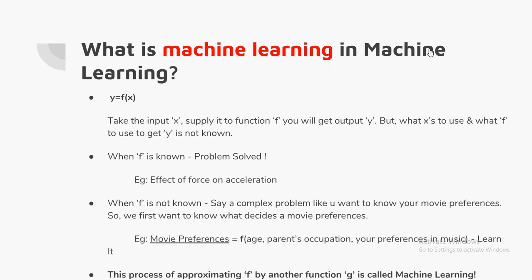So let us understand what machine learning is. Everyone might know this equation, y equal to f of x. Take an input x, supply it to function f, and you will get an output y.